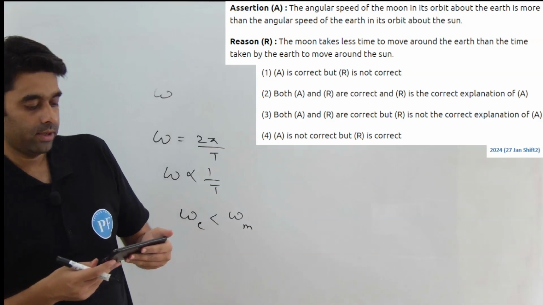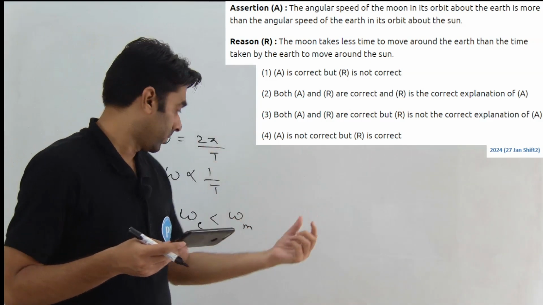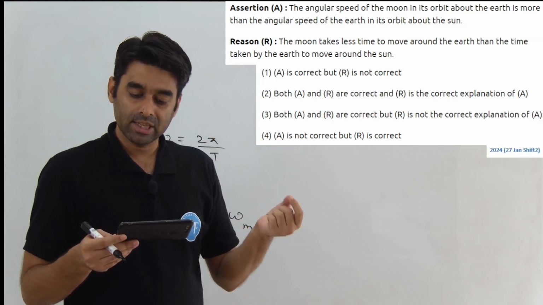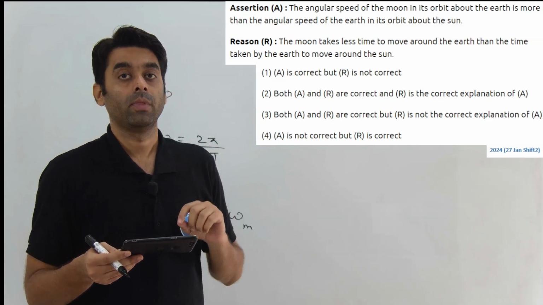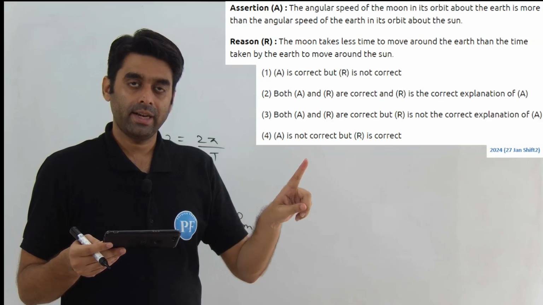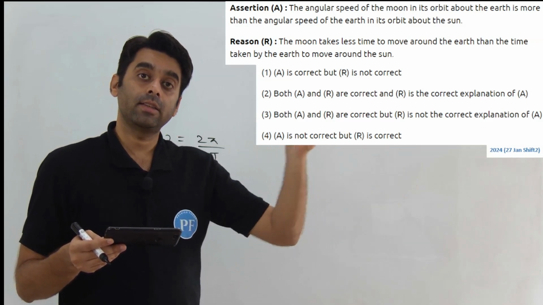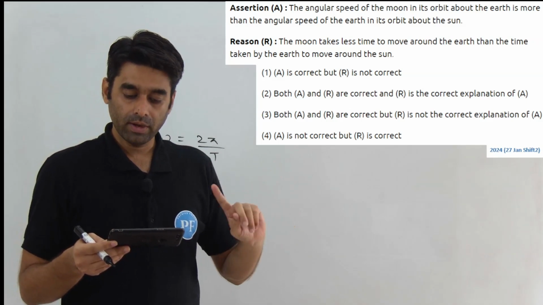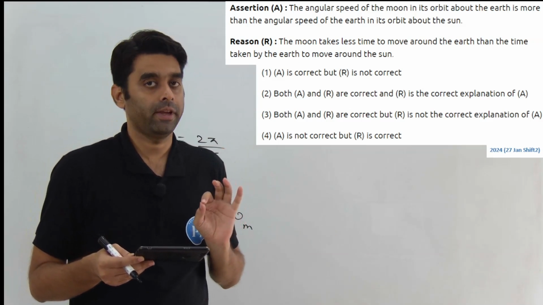Is this thing given to us? The angular speed of moon in its orbit about the earth is more than earth. Fine. Let's look at the reasoning. The moon takes less time to move around the earth than the time taken by earth to move around the sun. So I think statement 1 is right. That means assertion is right. Reasoning statement is correct, and it is the right reason also, right? Option will be your option number 2. Both A and R correct, and R is the correct explanation of A. Fine.